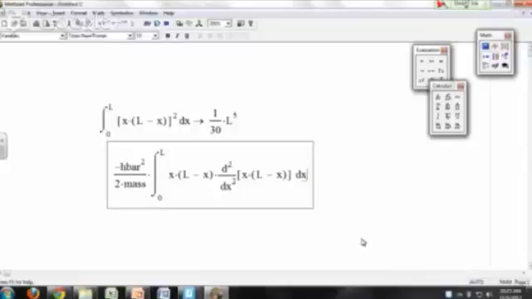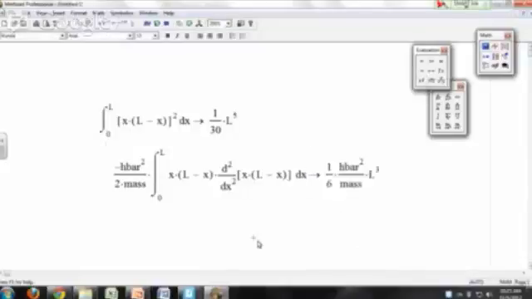What do you think this is going to be? There's the answer. Okay, so you got your numerator, you got your denominator. Can you finish this off? You should be able to, right? Verify that this is greater than E1, which is h squared over 8mL squared.